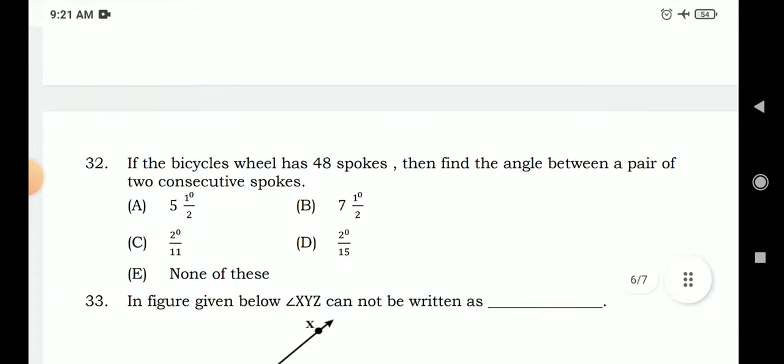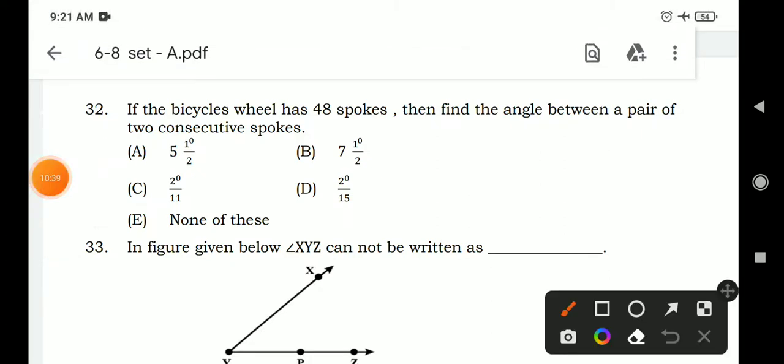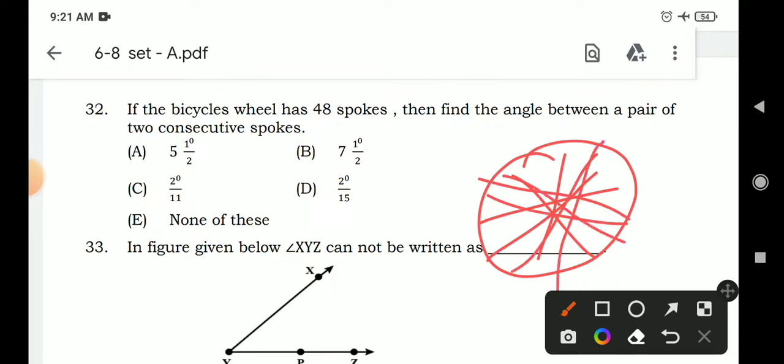Okay, now come to the next question. If a bicycle wheel has 48 spokes, what will be the angle between two consecutive spokes? This angle you need to find.